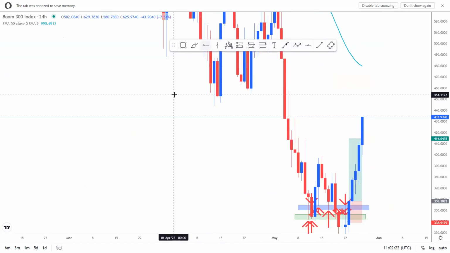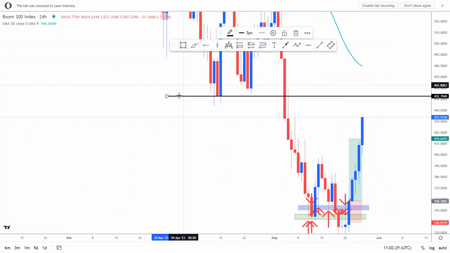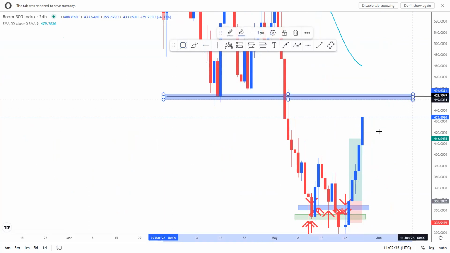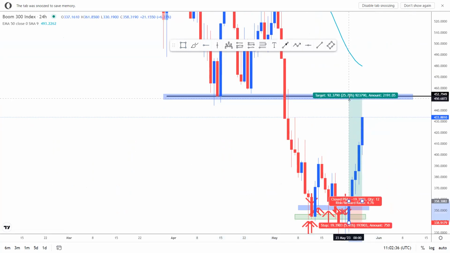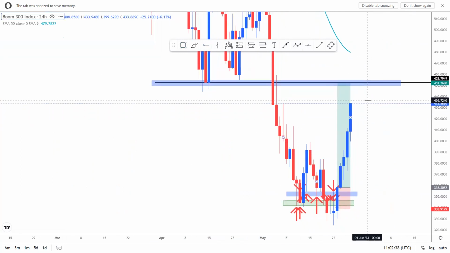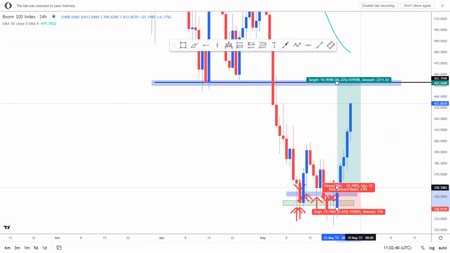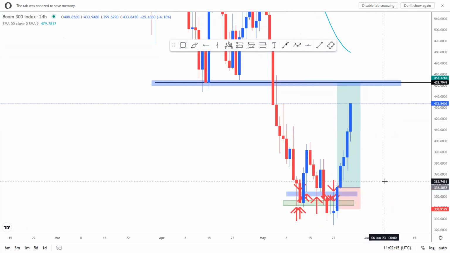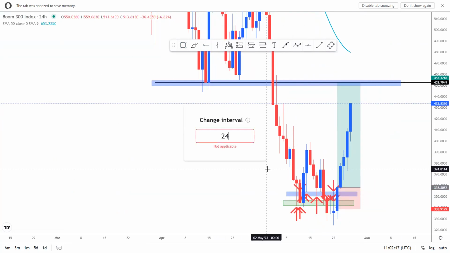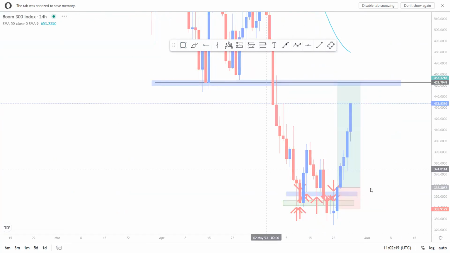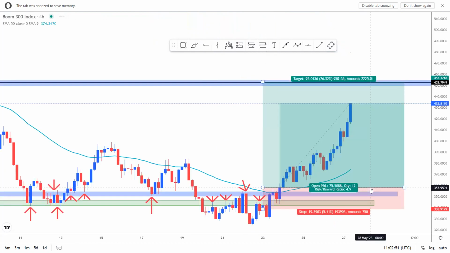And then what's my TP? Moving downwards to the daily time frame, I'm expecting price to come into this level right here, where I have my take profit set, for a 1 to 5 risk to reward on Volatility 300 Index.